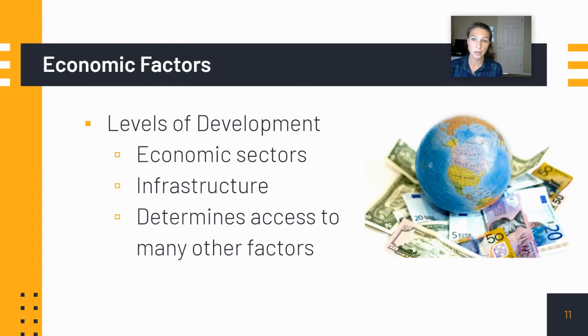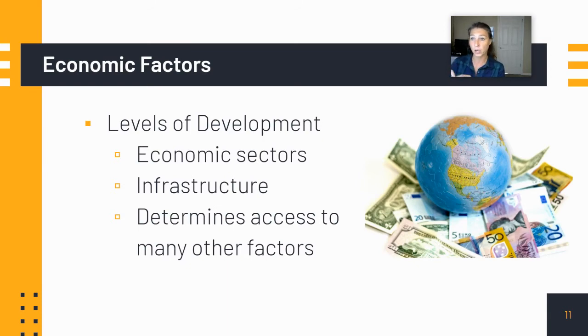But also when you're thinking of levels of development, economic sectors are important, right? So in countries that are primarily agrarian or rural, you're going to see higher crude birth rates because children are not just, let's have babies, but they're hands to work the fields, right? So they're part of an economic, not just a family structure.